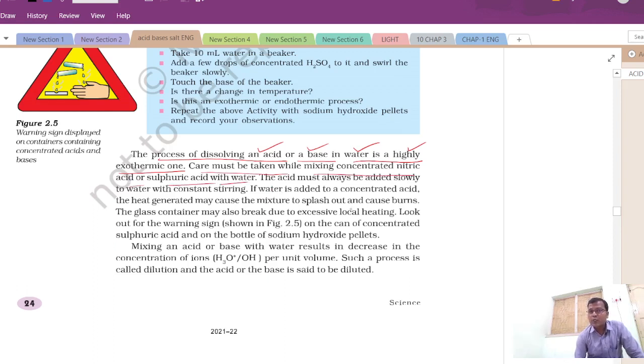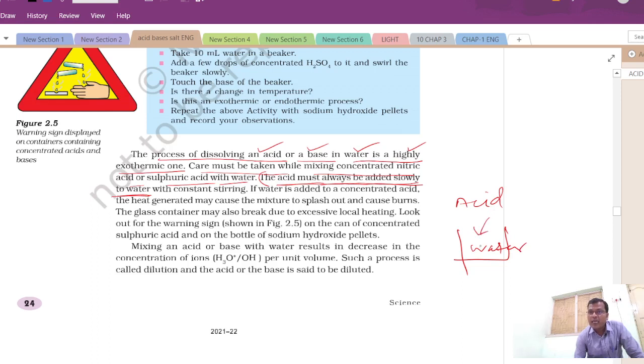So what is the actual way? Remember this, acid must always be added slowly to the water. That means we have to add acid into water.